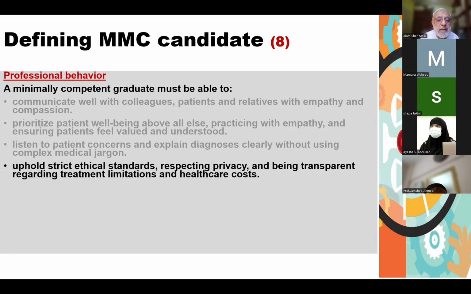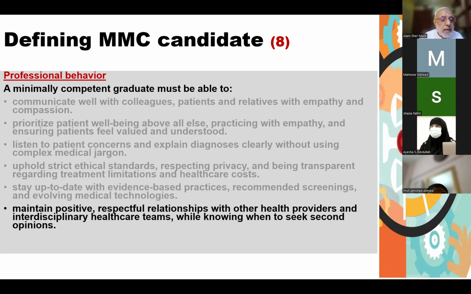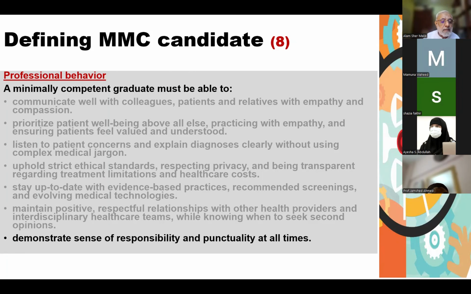Uphold strict ethical standards, respecting privacy and being transparent regarding treatment limitations and healthcare costs. Stay up to date with evidence-based practices and maintain positive, respectful relationships with other healthcare providers. And they demonstrate a sense of responsibility and punctuality at all times.